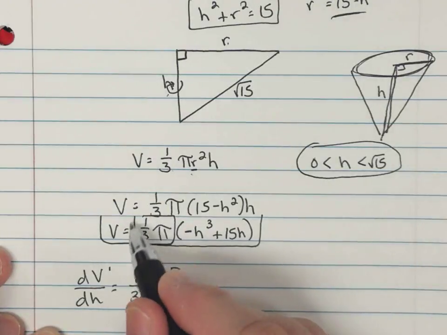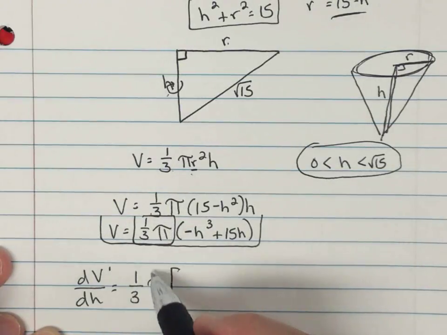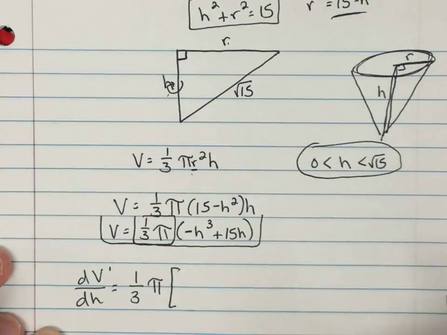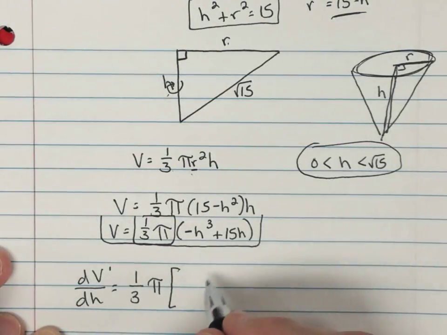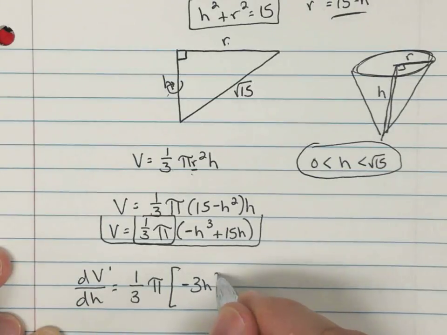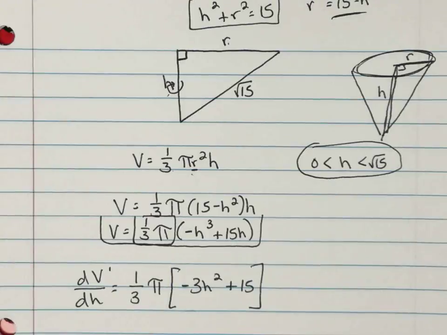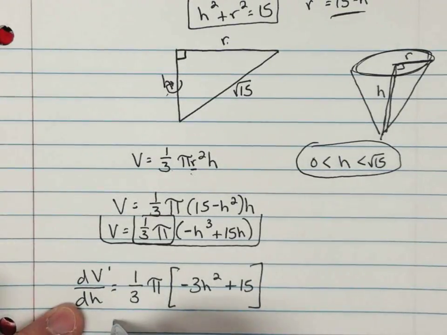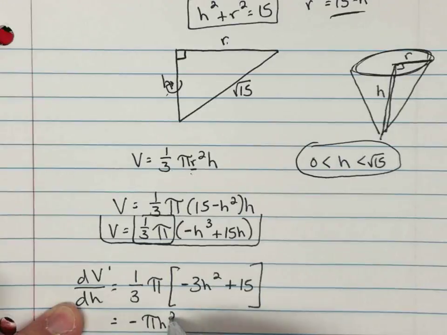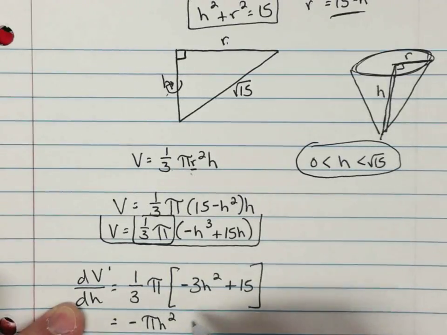Anytime you have a coefficient, not a constant, which would be 0, the stuff is just being multiplied, so bring it down and find the derivative of the rest of it: negative 3h squared plus 15. I might actually clean it up a little if I distribute that out, because 1/3 times negative 3 would be negative pi h squared, and 1/3 times 15 would be plus 5 pi.